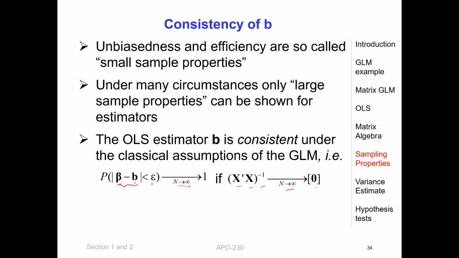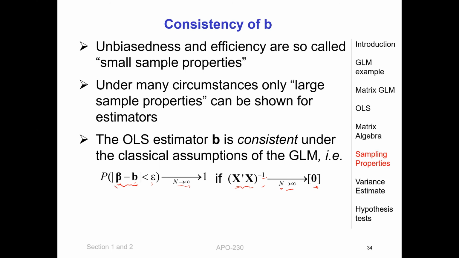So the more observations you have, the larger n you have, the bigger the elements inside this matrix. At one point it will grow very, very large, and when you invert it, you will get very, very small elements inside, and it will converge to 0 when n grows to infinity. Then your estimator b will converge to the true parameter beta.